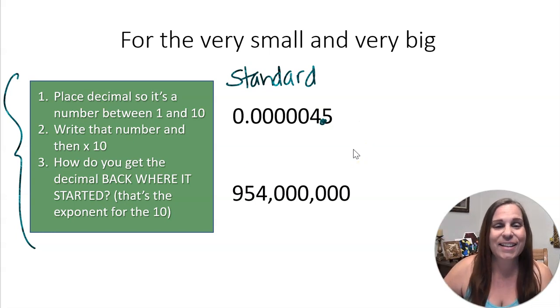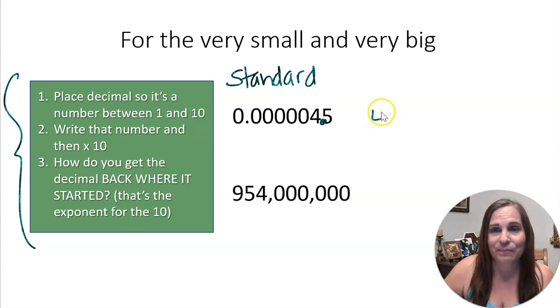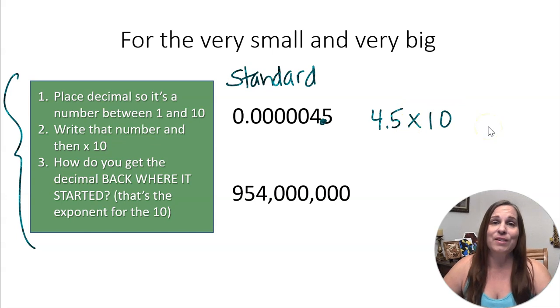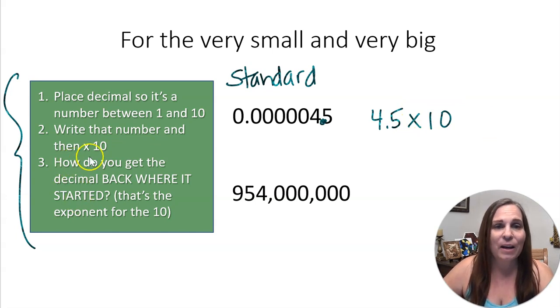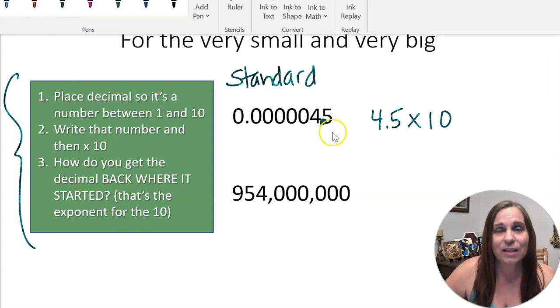Check. The second step is write that number, and then times 10. This is the setup for our scientific notation. And then the last step, how do you get the decimal back where it started? Okay, so I placed it somewhere, right? But how do I get it back where it started?